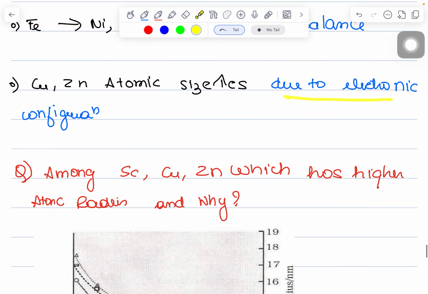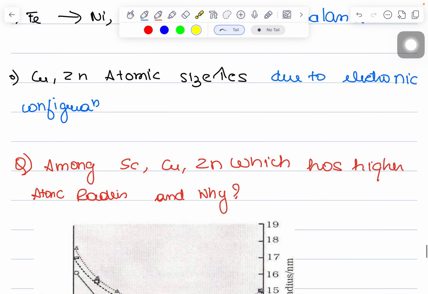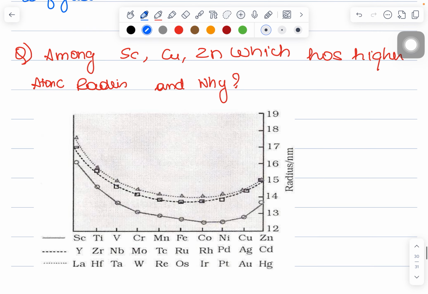Now you might have a question: scandium has a higher atomic size if you move along the period, and copper and zinc also have higher atomic size. So among scandium, copper and zinc, who has the higher atomic size and why? Experimentally they found this graph. This is for the 3d series, this is for the 4d series, and this graph is for the 5d series.